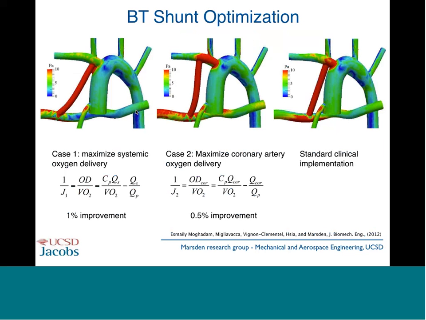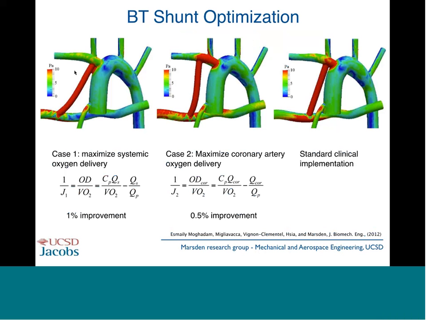So one of the first things that we attempted, and these were simulations performed by my student Mahdi Esmaili Moghadam in my group here at UCSD, was to do optimization on the existing surgery. So we ran a series of optimization studies with a couple of different cost functions aiming to maximize oxygen delivery.